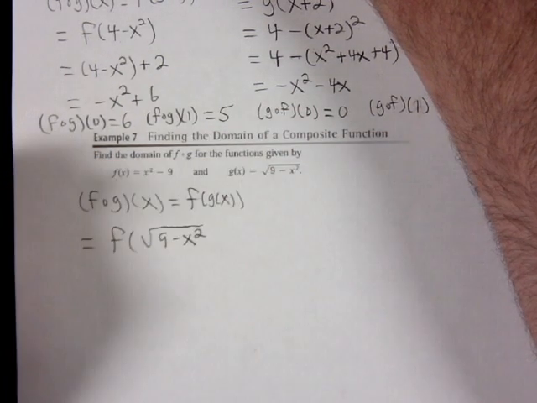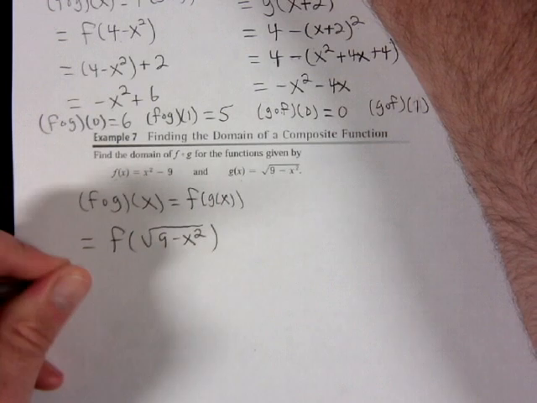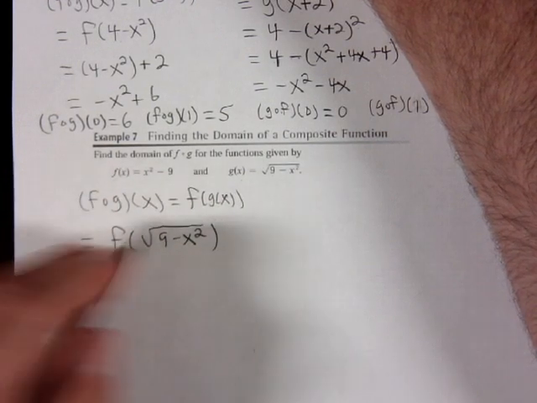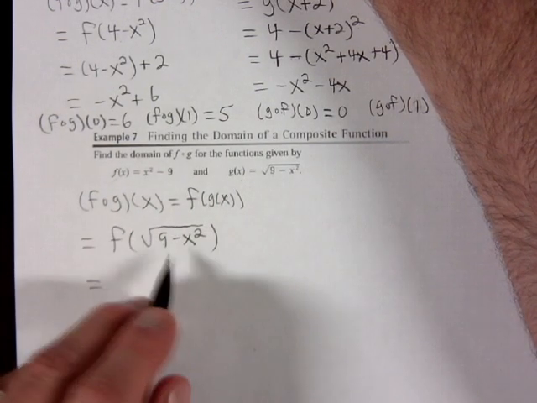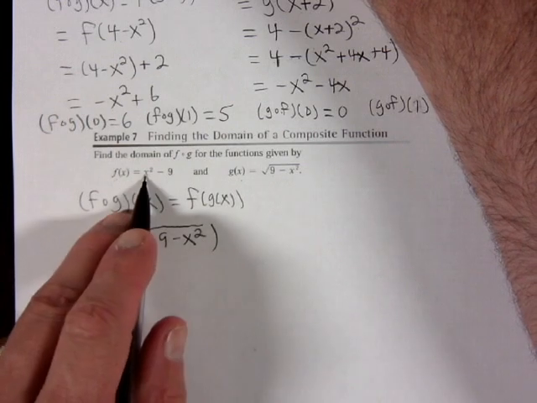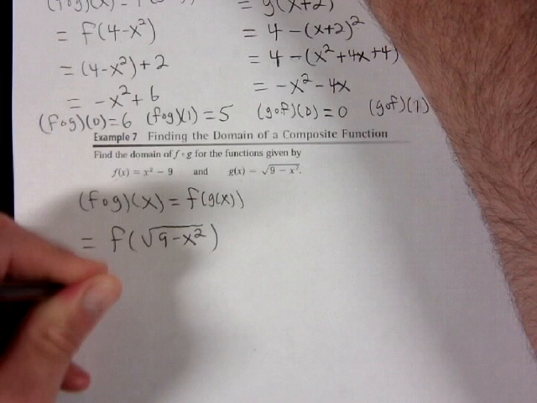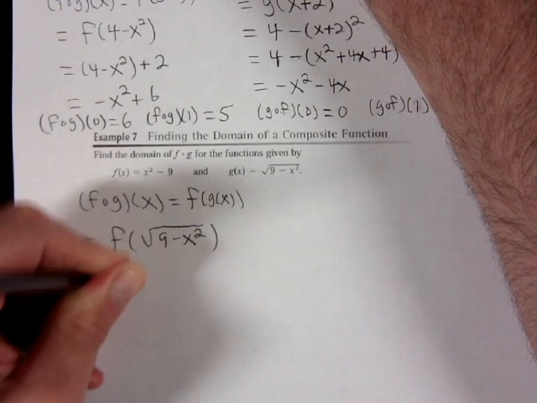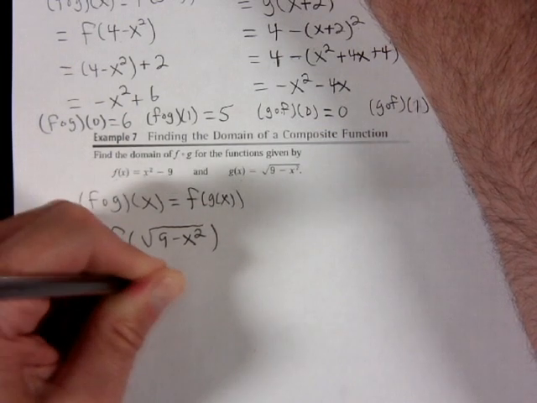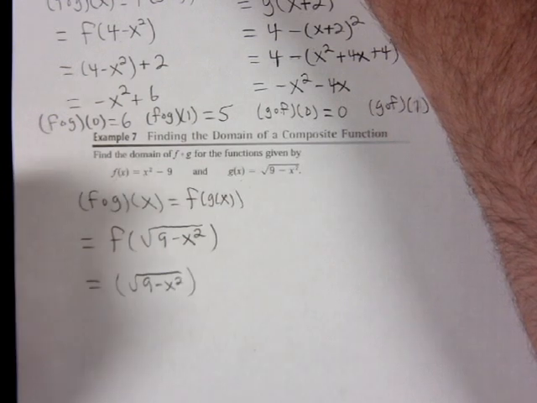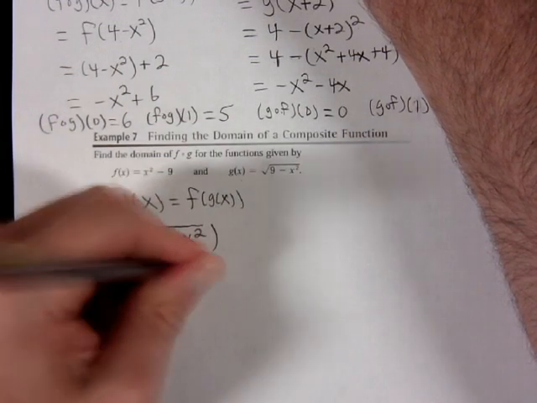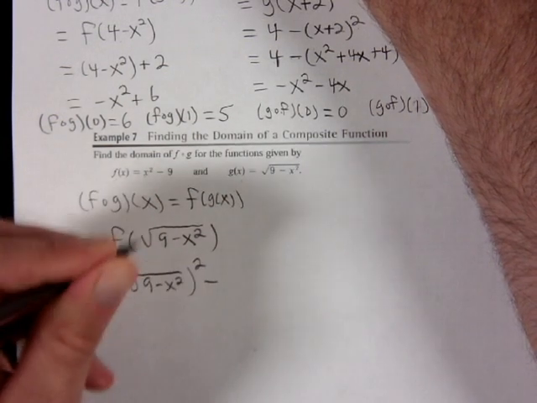So now I need to take that and plug it into the f function. So I'm going to take this and plug it into x here, which is going to leave me with the square root of 9 minus x squared, close. That whole thing now is going to be squared, and then minus 9.